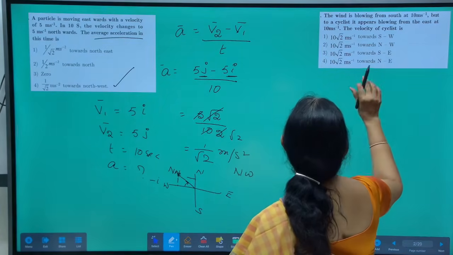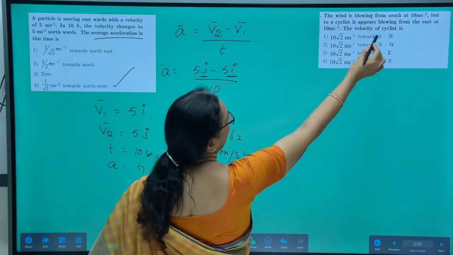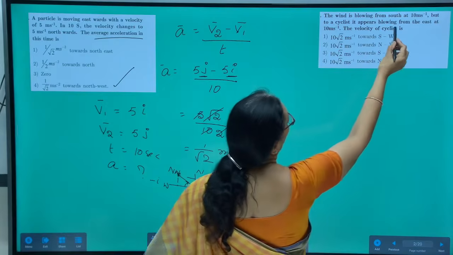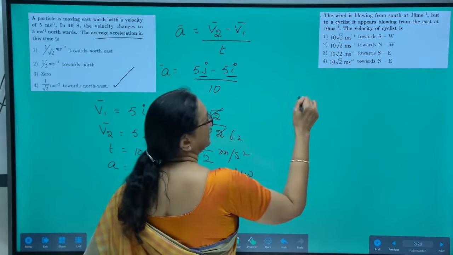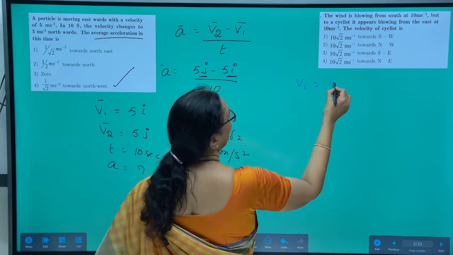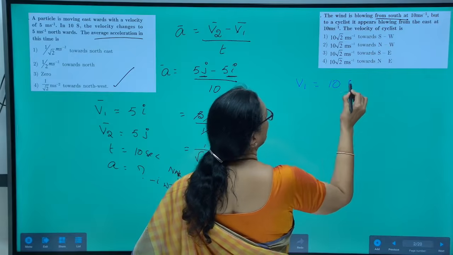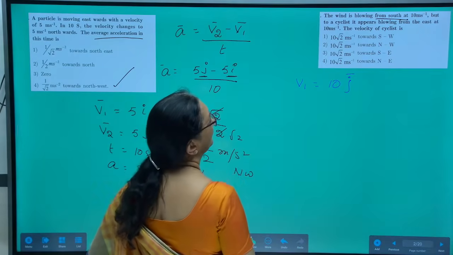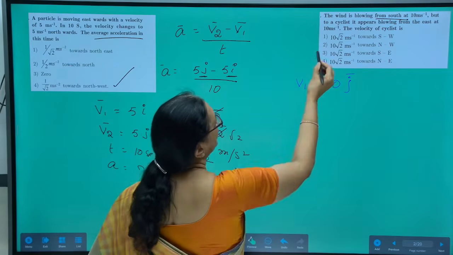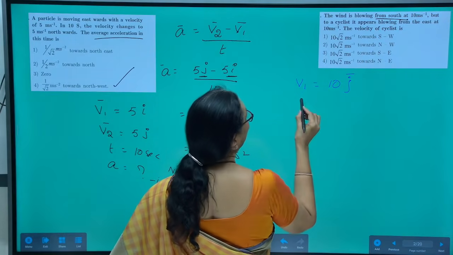Okay. Now coming to this problem, look here. Wind is blowing from south to north. So wind velocity is given as 10. From south means towards north, so 10j bar. But to a cyclist it appears to blow from east.